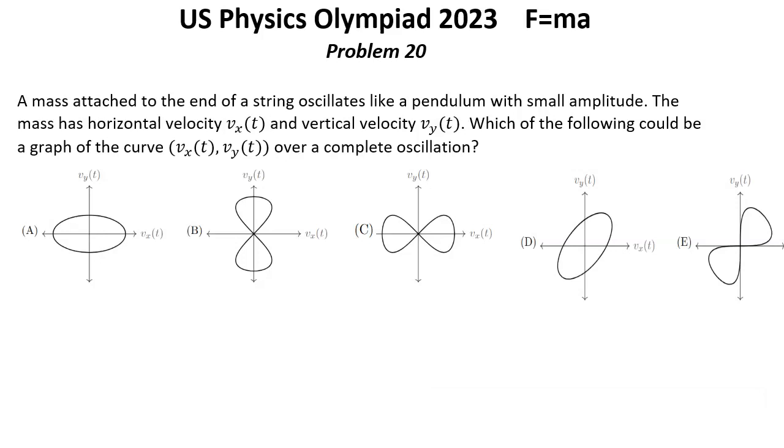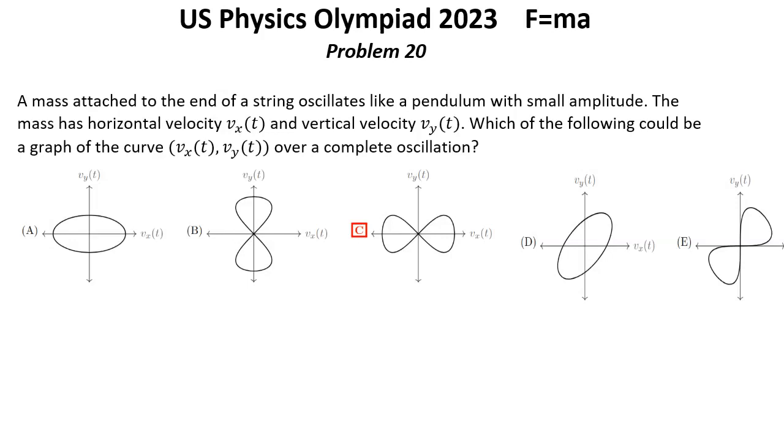Solution for problem number 20. The answer is choice C, because it could be shown by plotting several points. For example, one simple way to rule out the other answers is to note that on a pendulum, Vy hits 0 four times per cycle.